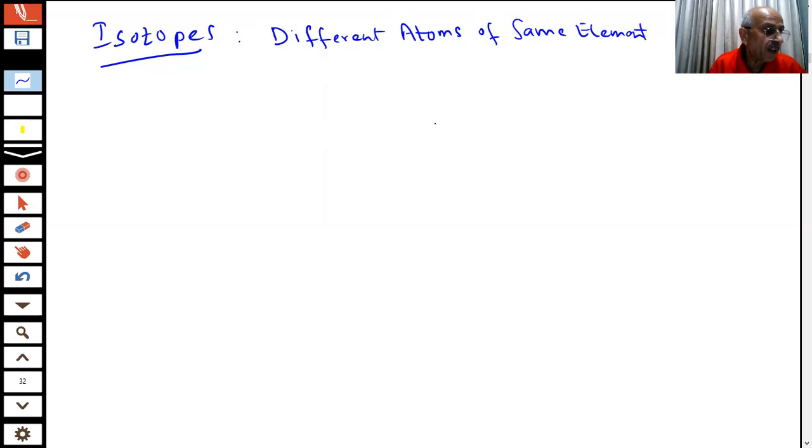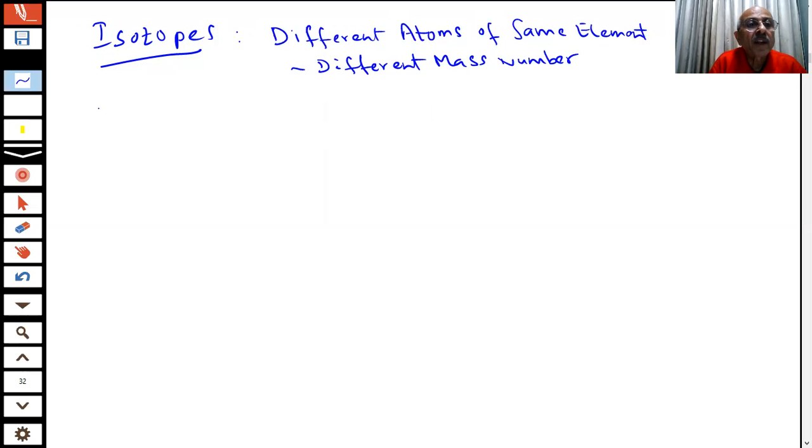Different atoms of the same element with different mass numbers. Okay, what I am talking about, students, is a very important thing. It was found in nature.